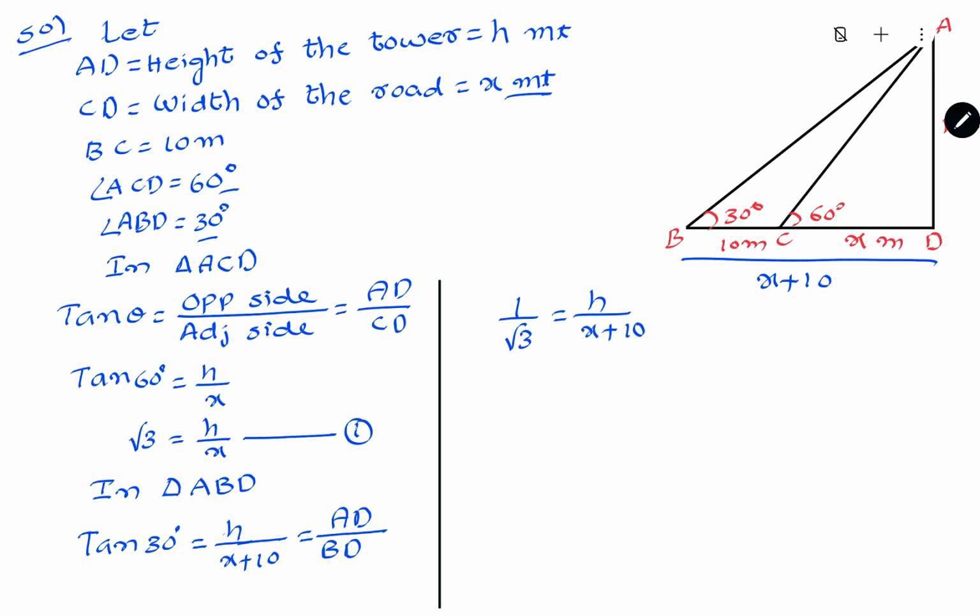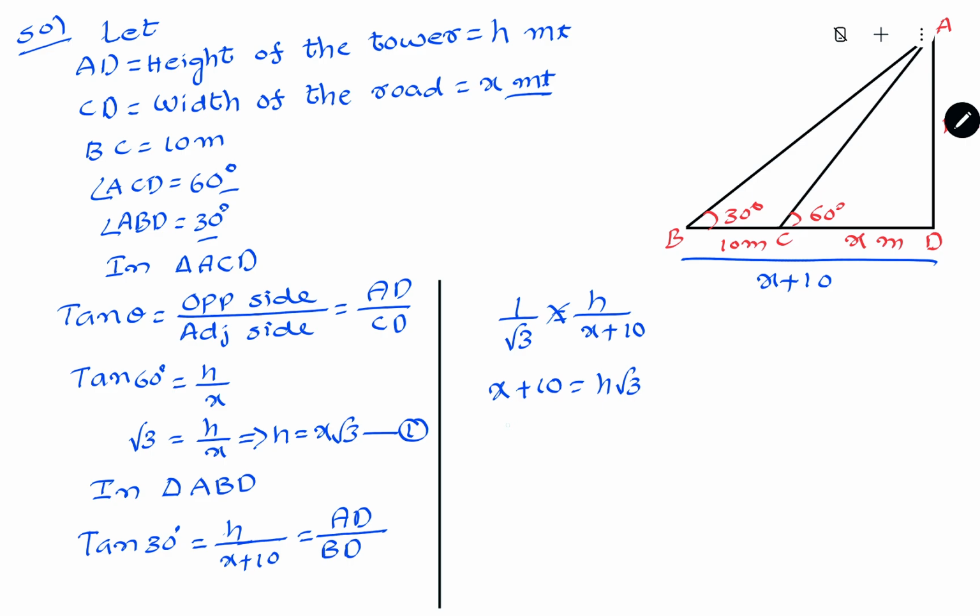In equation 1, we get h is equal to x root 3. This is the equation number 1. Just do cross multiplication. Now here also do cross multiplication. X plus 10 is equal to h root 3.